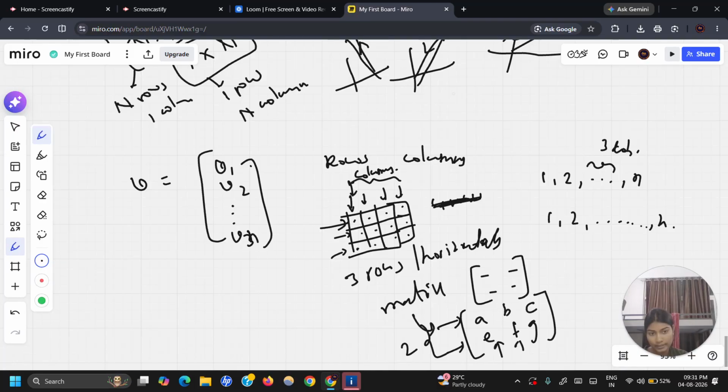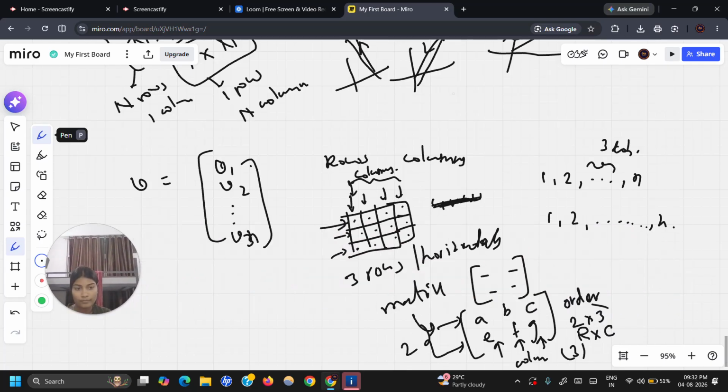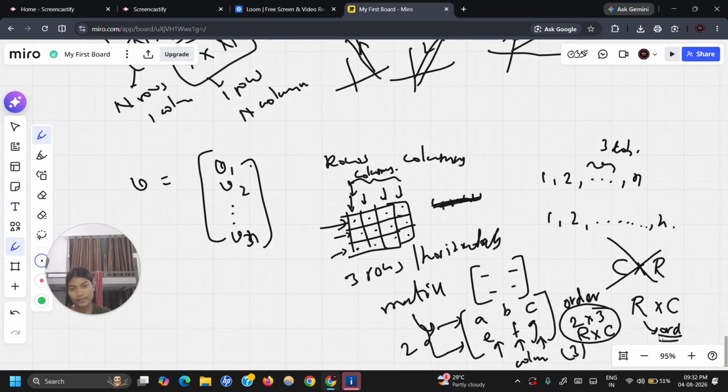And these verticals are columns. How many columns? 3. So what is the order of this matrix? 2 by 3. Always we should first write rows and then columns. Rows cross columns. This is the correct order to represent a matrix.